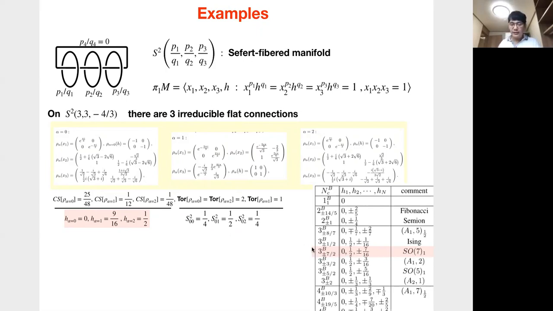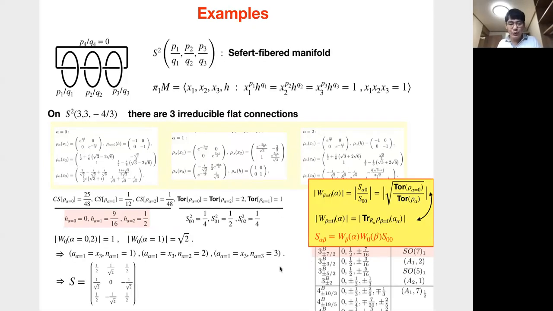In this paper, there are 6 rank 3 topological phases, and this anyon content is exactly the same as this one. These topological spins are defined only modulo 1, so these contents are actually the same. So we can conclude that the topological phase associated with this manifold is actually this topological phase. And we can also compute the full S matrices, and then confirm that this S matrix also matches the S matrix for this topological phase.